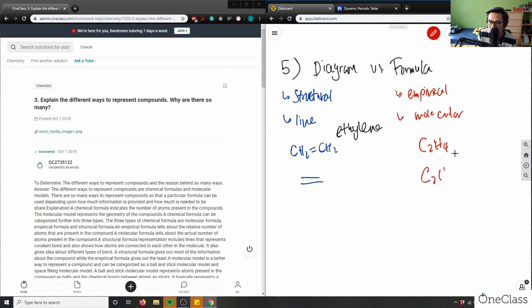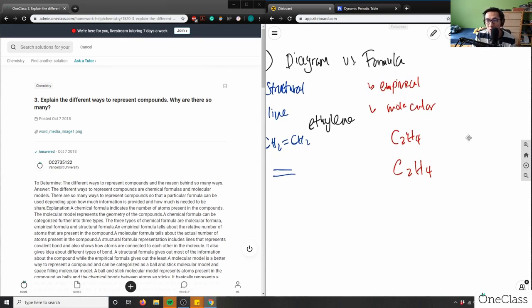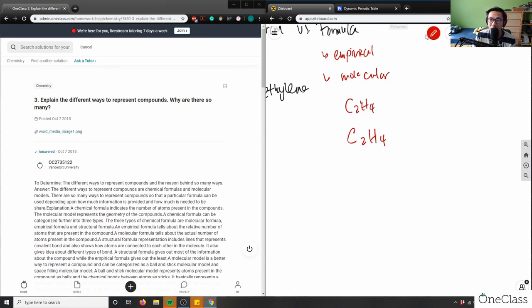It's still C2H4, right? So C2H4 would be my empirical and my molecular formula in this case here. And remember, what we can do with molecular formulas is, if we have a different compound here, it's simply a ratio, right? So if we multiply this by 2, you get C4H8, which is a totally different compound.